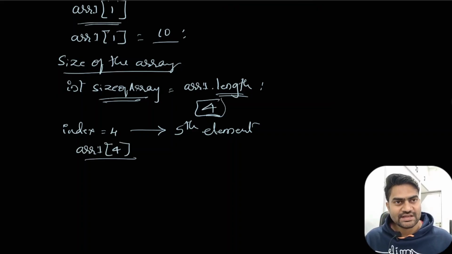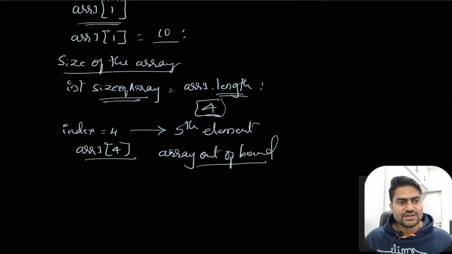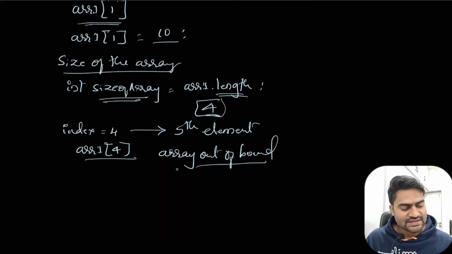In this case, Java will give me an array index out of bound exception. One thing we should understand here is that whenever we create an array in Java, it is of fixed size. So if I try to access an element outside that size, it will give us an array out of bound exception.